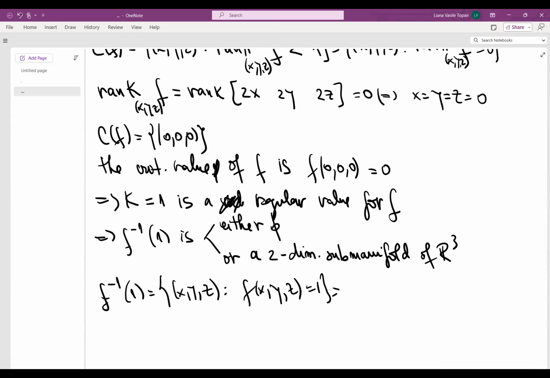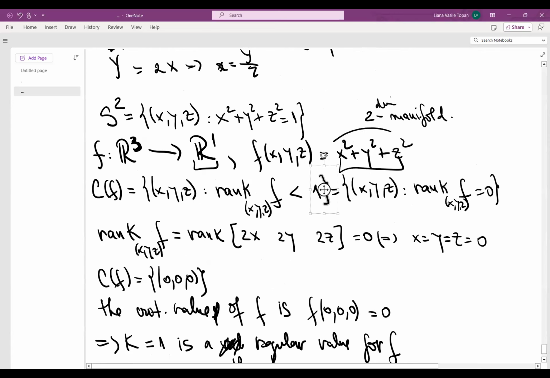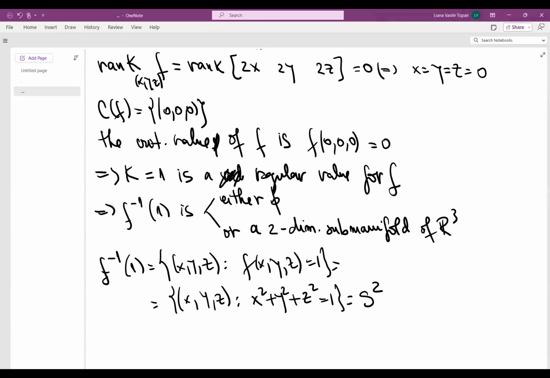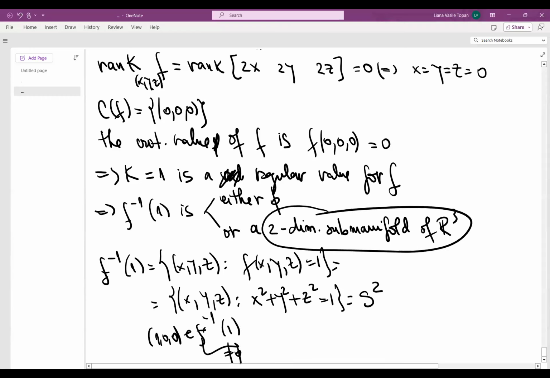But this, if you look at the expression of the function, means x squared plus y squared plus z squared. So this contains all triples x, y, z for which x squared plus y squared plus z squared is equal to 1. This is precisely our sphere, right? This is not empty. For instance, the point with coordinates 1, 0, 0 belongs to this set. So it's not empty, which means that it's a two-dimensional submanifold of R cube.